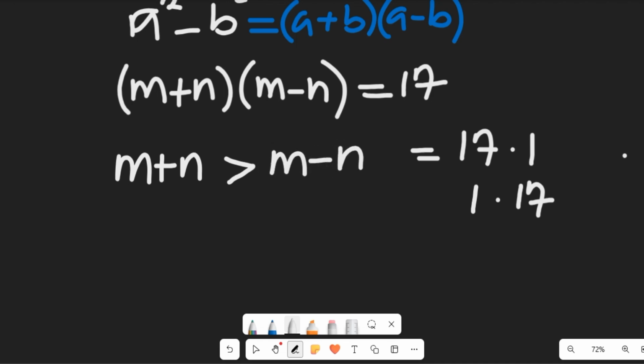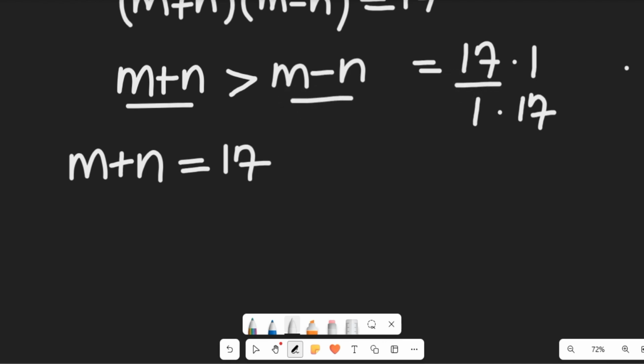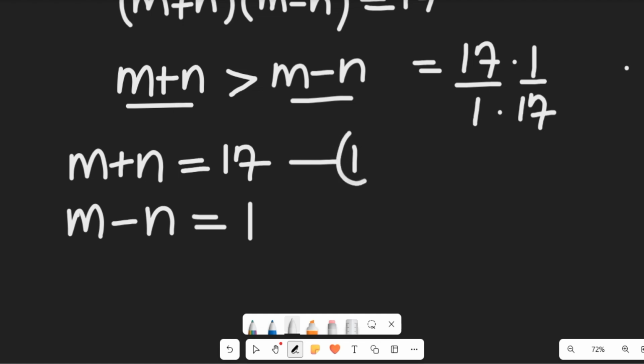So I'm going to take m plus n to be equal to 17, and m minus n to be equal to 1. I'll assume this to be equation 1 and this to be equation 2.